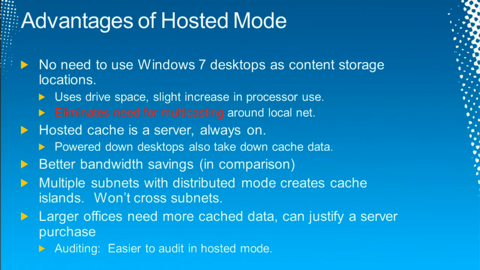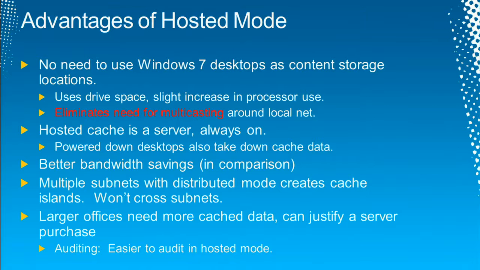If I move to hosted mode, then I'm also going to eliminate the need for that multicasting stuff around the local net. Now, subnets. Most of us associate our subnets with our geographic locations. Not all of us, but some of us do. And the subnet tends to be the boundary of multicast.